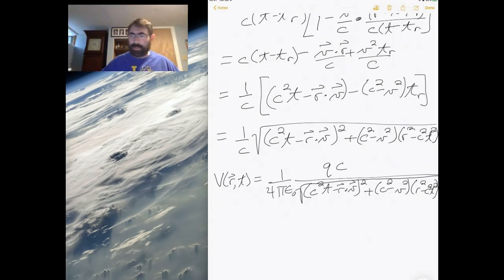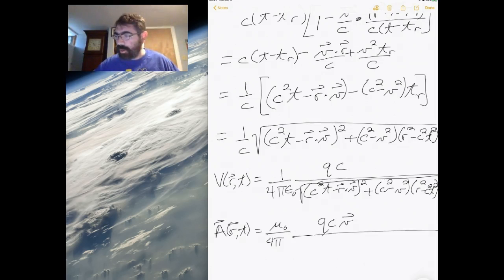Okay. And finally, for the magnetic potential, what you get is mu naught over 4 pi, and then you get q times c times v, all of that over c squared t minus R dot v quantity squared plus c squared minus v squared times R squared minus c squared t squared, again underneath the square root.